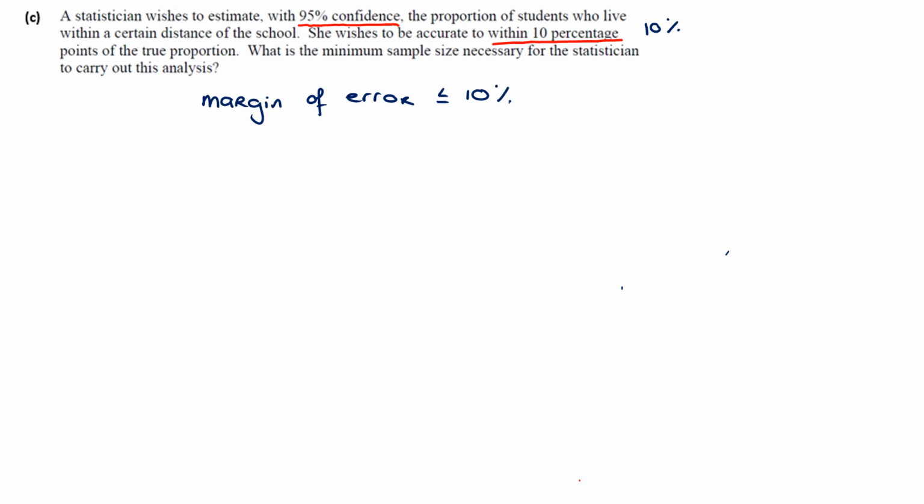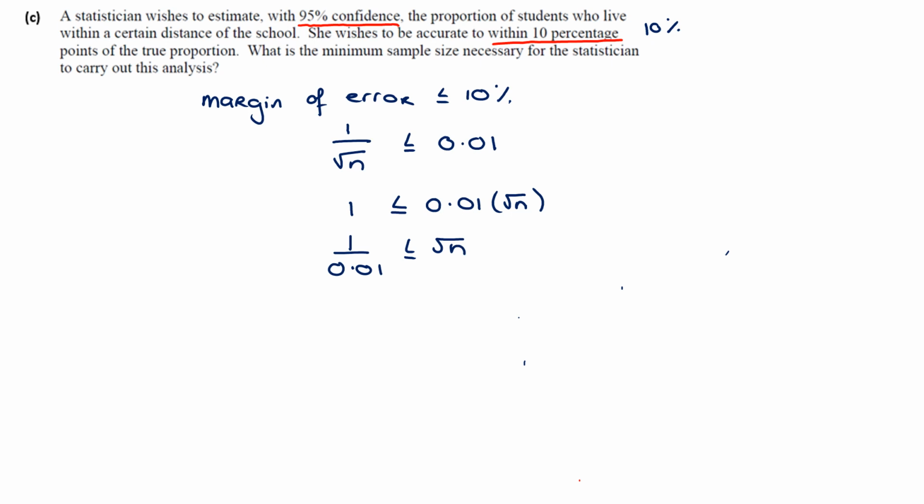So we get 1 over the square root of n to be less than or equal to 0.01. Let's multiply both sides by root n, which is definitely positive, less than or equal to 0.01 times root n, and divide by 0.01, less than or equal to root n.